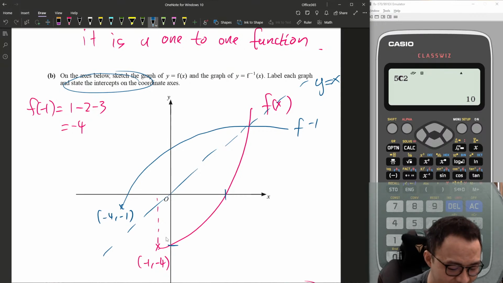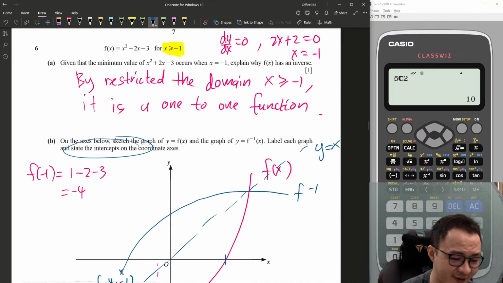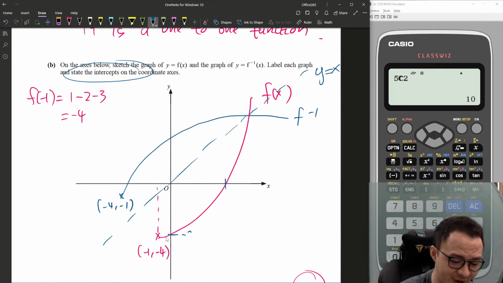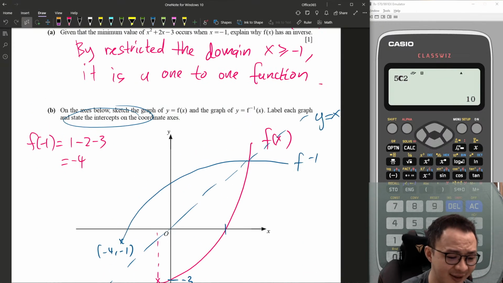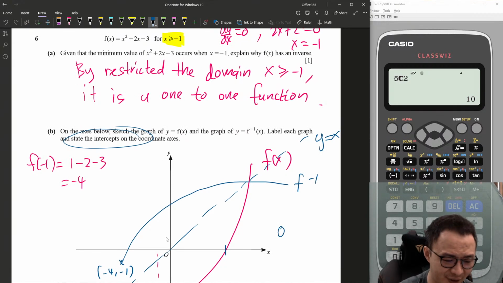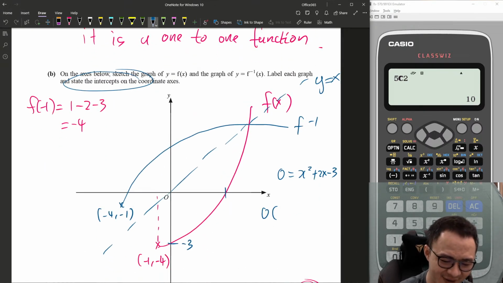Alright, so for the y-intercept, x is 0. When x is 0, this one is -3. For the x-intercept, y is 0. So 0 equals x squared plus 2x minus 3. Can we factorize this? Yes, I think we can.